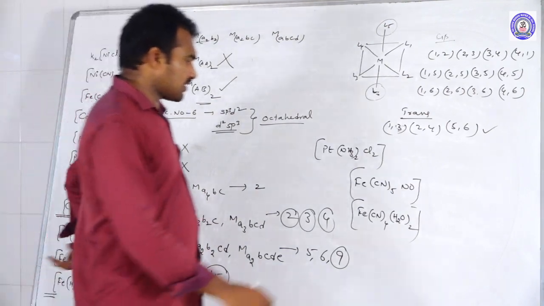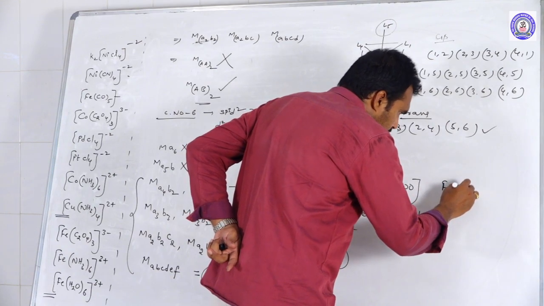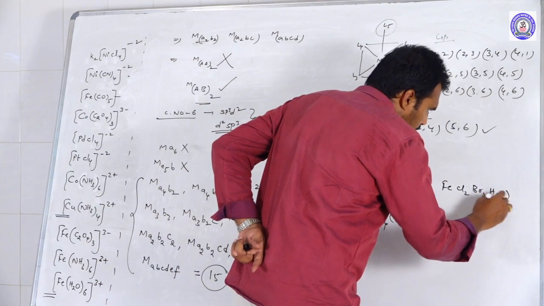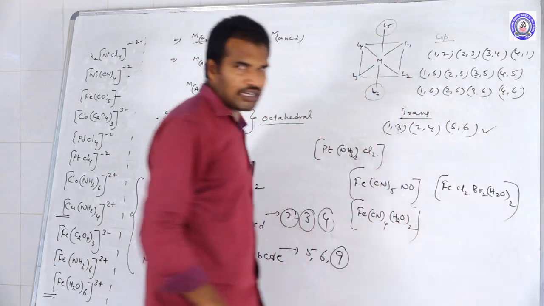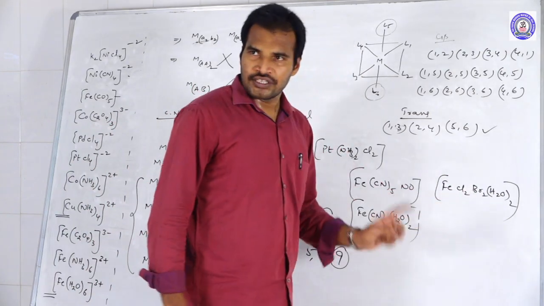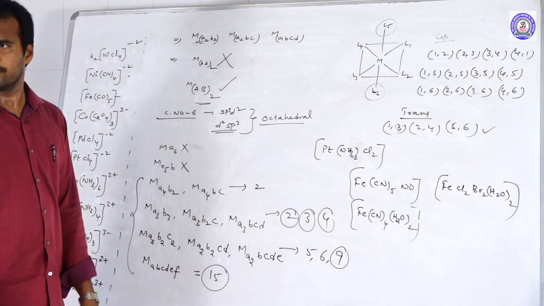For example, [FeCl2Br2(H2O)2]. How many geometrical isomers can we get? See, this is MA2B2C2. How many can it show? 5 isomers.